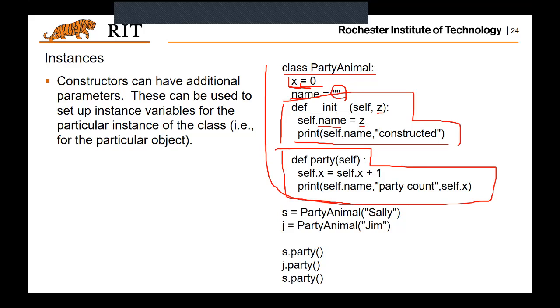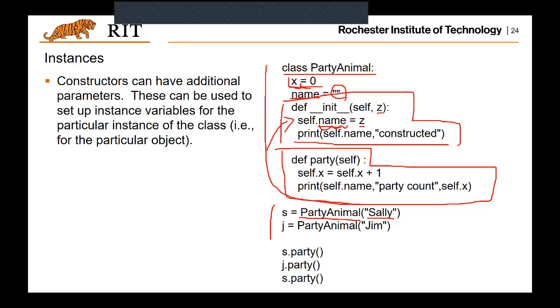So with this understood, if you run two lines of code like this, you create one instance, and you also initialize its name by passing Sally to the constructor. It will run this constructor and assign Sally to the name variable of this object.